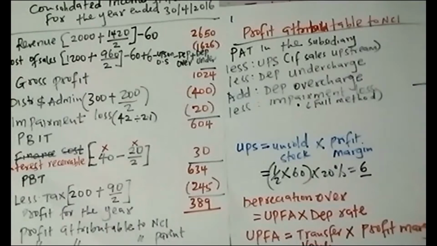So before we do that, we have to adjust this profit. Why am I adjusting this profit? I have to raise first UPS, the unrealized profit, if sales were upstream. Remember that if the subsidiary was selling goods to the parent at a profit, and this parent never resold all of the goods received, then the profit of the subsidiary is overstated by what the parent never realized.